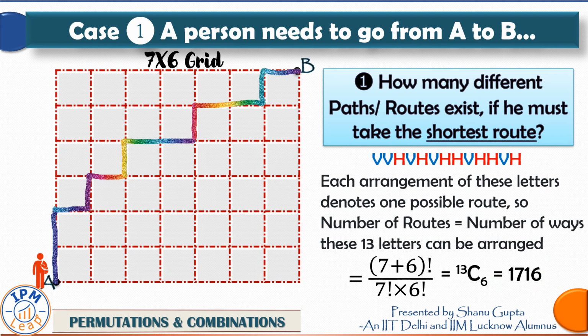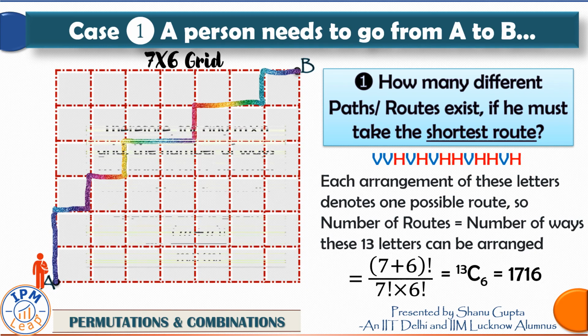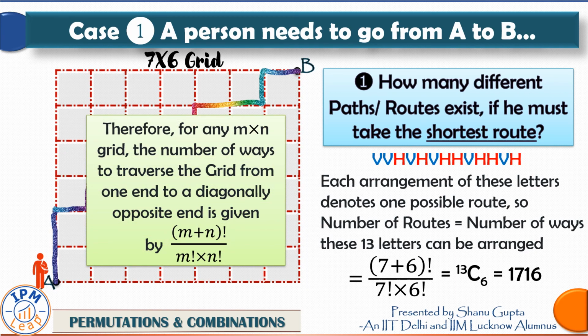If you want to revise how to calculate these combinatorial coefficients, you may watch our other videos on permutations and combinations basics that are there on our channel. So let us summarize. In general, if we have any m cross n grid, the number of ways to traverse the grid from one end to a diagonally opposite end is given by (m+n)! / (m! n!).